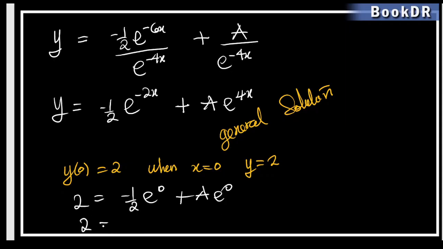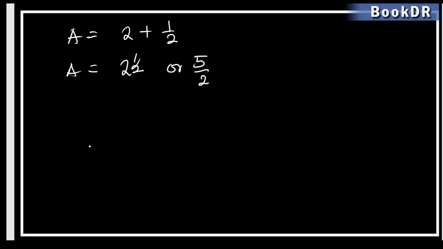This will yield 2 is equal to minus half plus a. Solving for a will be equal to 2 plus half. And a will be equal to 2 whole number 1 over 2, or otherwise 5 over 2.